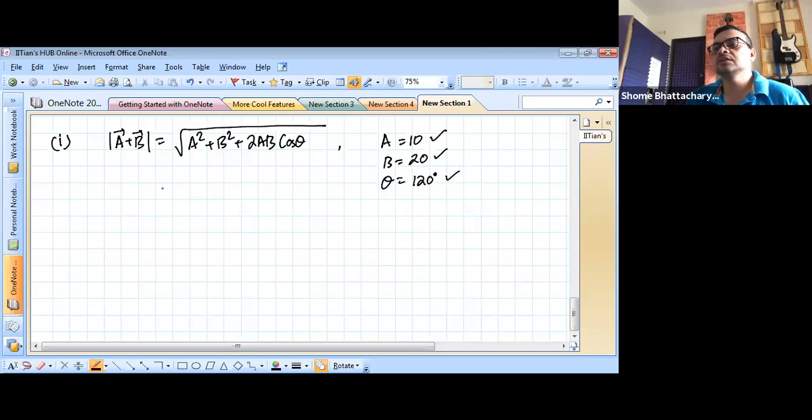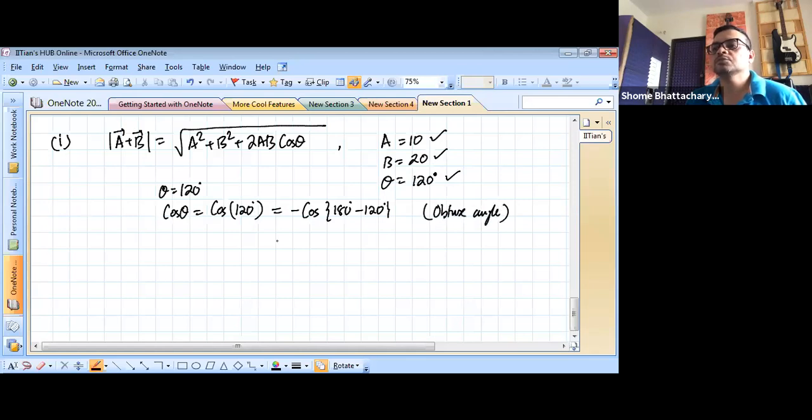So theta is 120 now, means that cos theta will be given by that formula. It is minus of cos 180 minus theta. This is the formula for obtuse angle.